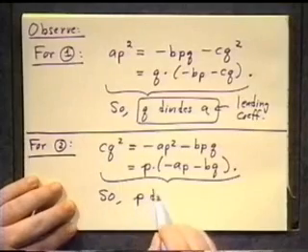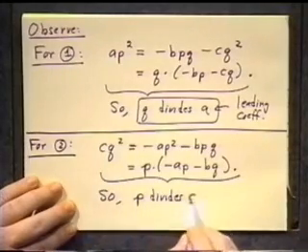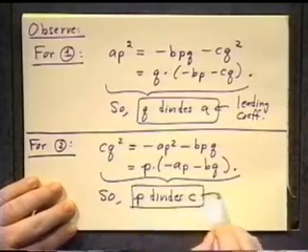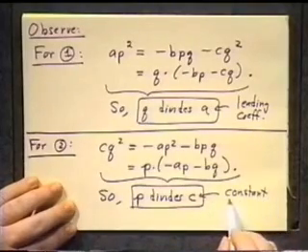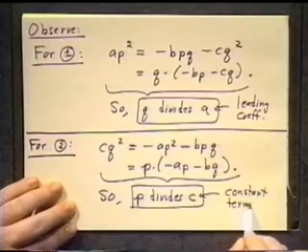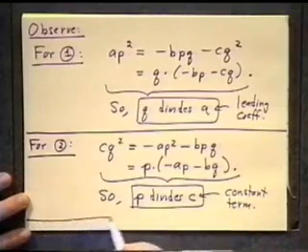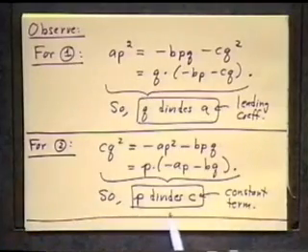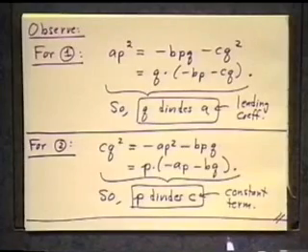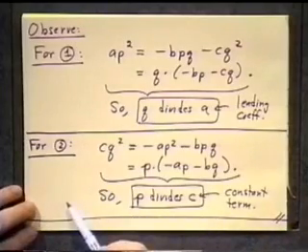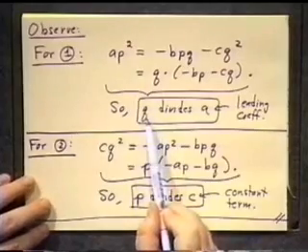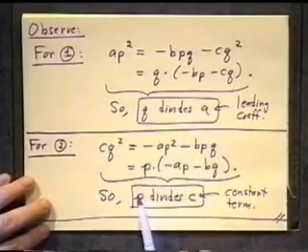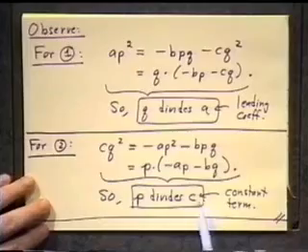So p divides c, and c was the constant term. So what we've discovered is that if p over q is a root, or a zero, of our polynomial, then the bottom divides the leading coefficient and the top divides the constant term.